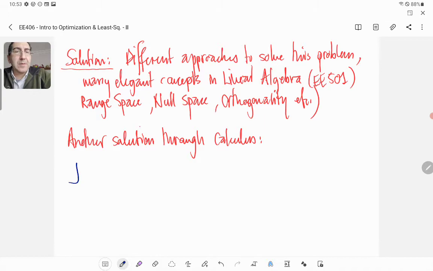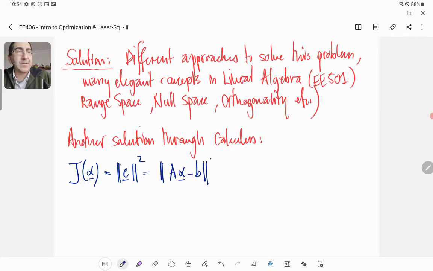So we have J of alpha, which is equal to the error as a vector squared, and that is equal to A times alpha minus B squared.